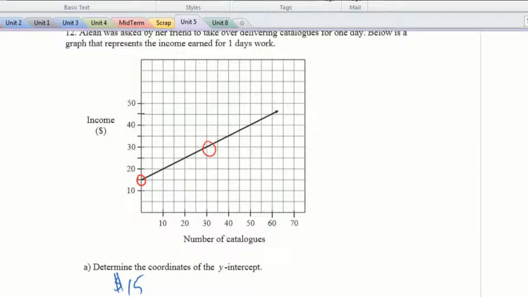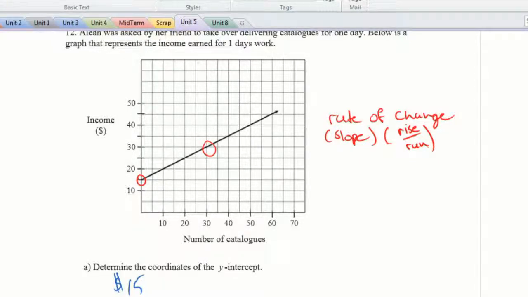I'm going to just do the calculations over here. So rate of change, another way of saying slope, or we could say rise over run. So those are all the same thing.